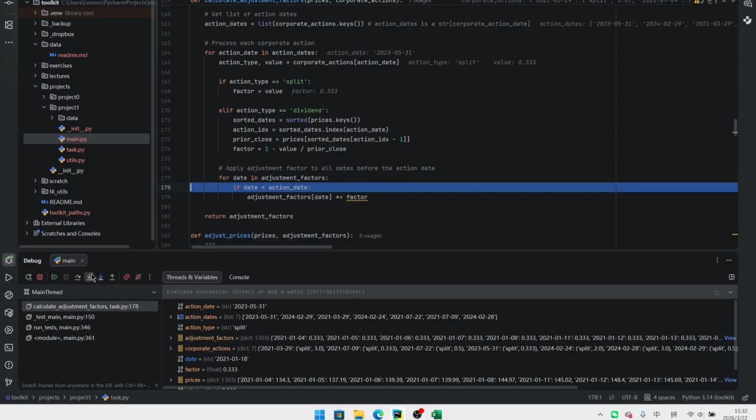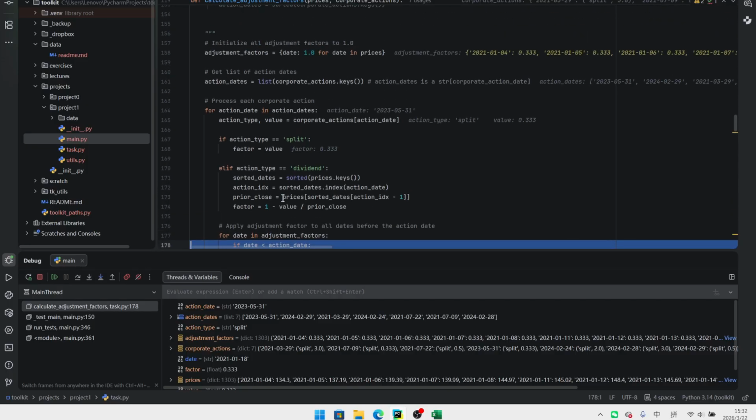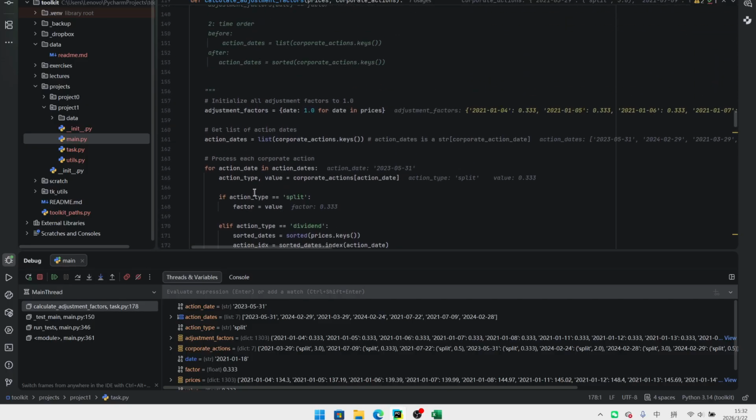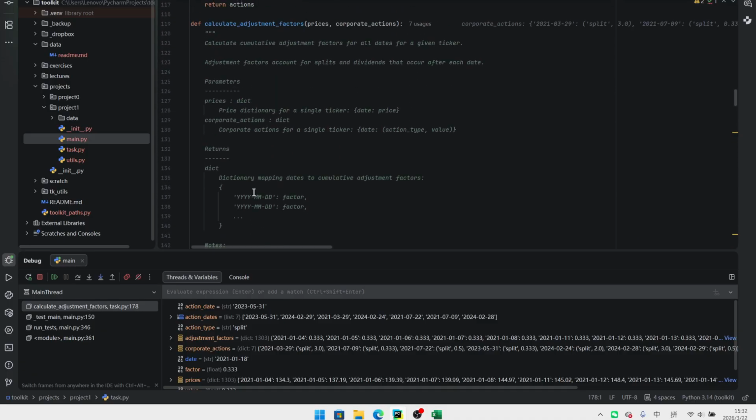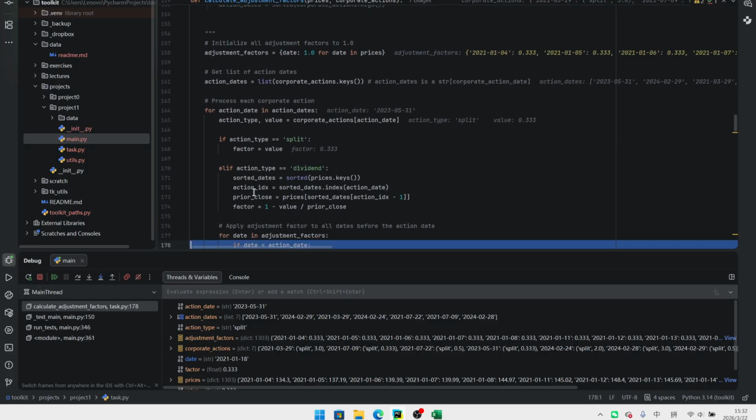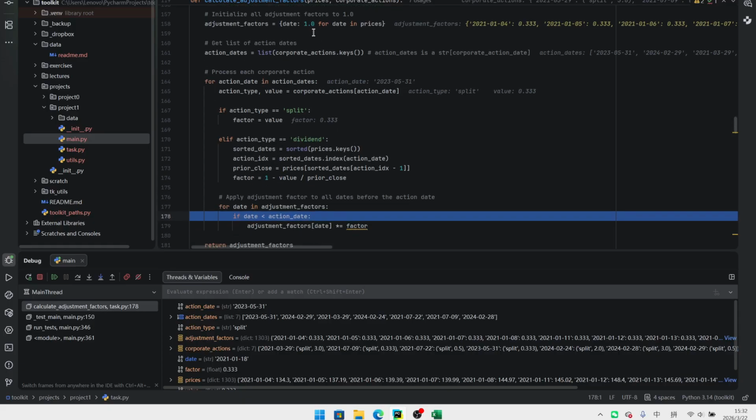Applying adjustment factor to all dates before the action date. If date, what is date? What does date mean? Dates, no information about dates.